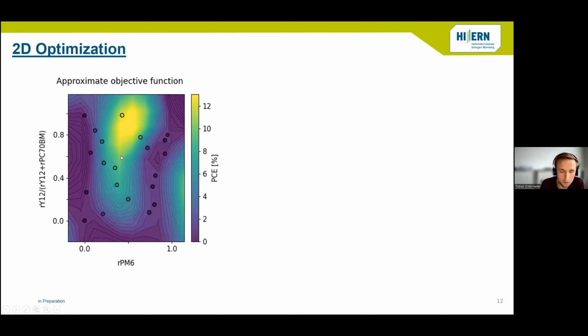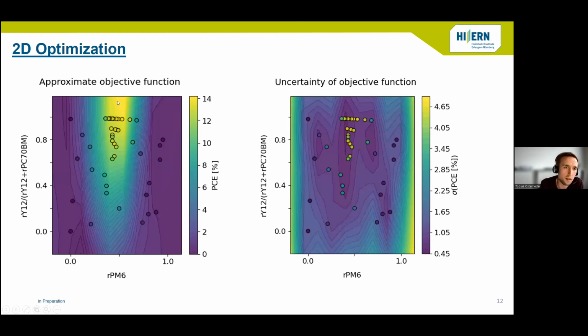We made samples where we don't have too many samples, but in the end, for the last 2 iterations, the algorithm just makes cells where it thought they were good, because it was quite sure that in the other region there is nothing. On the right side, you can see the uncertainty of our objective function. Where we have a lot of points, our uncertainty is quite low, while at the edges where we don't have any points, the uncertainty, of course, increases.